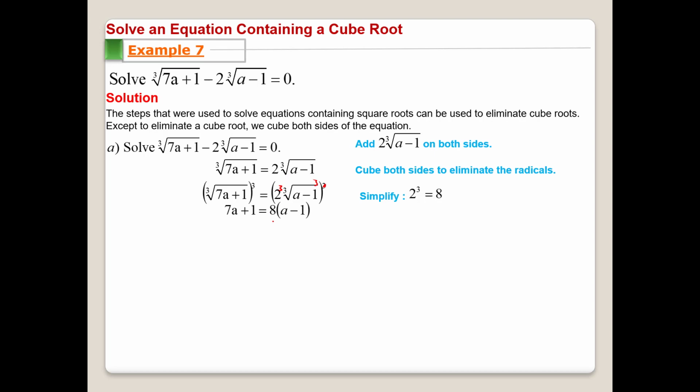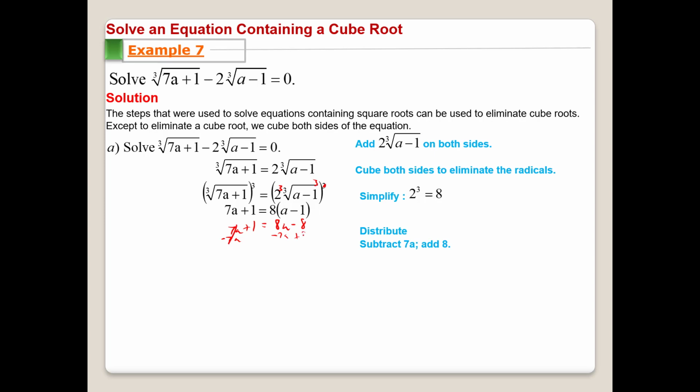Now we can distribute that 8 inside, and then subtract 7a from both sides and add 8. With that, we would get 8a minus 8. Since this 8a is bigger, we have a positive, so we can subtract 7a from both sides, and that gets rid of those terms.